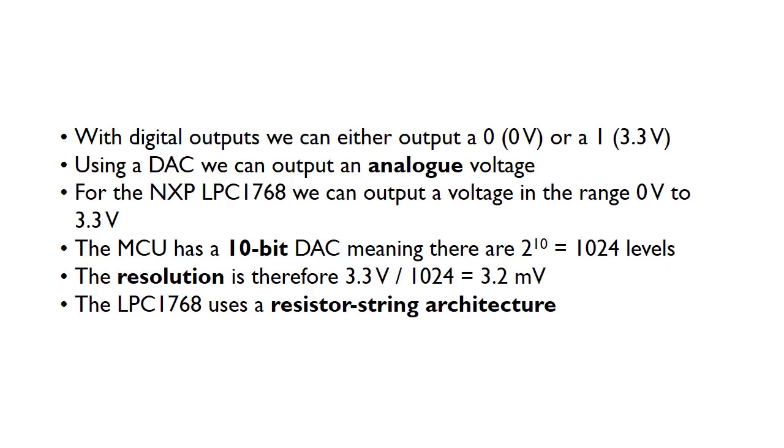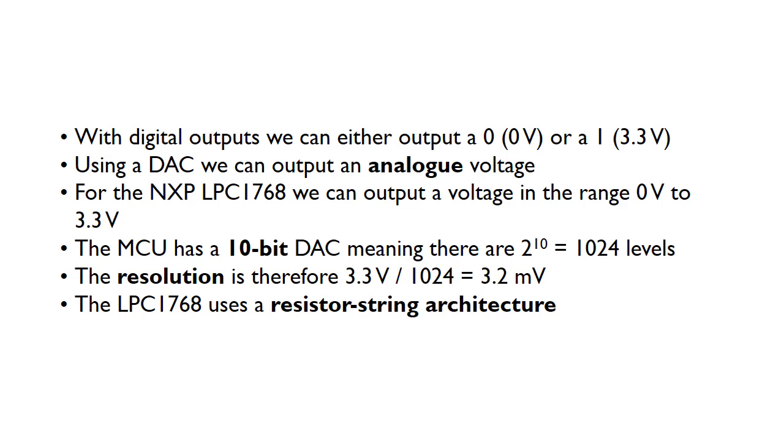So with digital outputs, we can either output a discrete 0 or 1, just 0 volts or 3.3 volts, nothing in between. But with a DAC, we can output an analog voltage. For the NXP LPC1768, we can output a voltage in the range 0 volts to 3.3 volts. The DAC in the microcontroller is a 10-bit DAC, meaning that there's 2 to the power 10, or 1024, different levels.